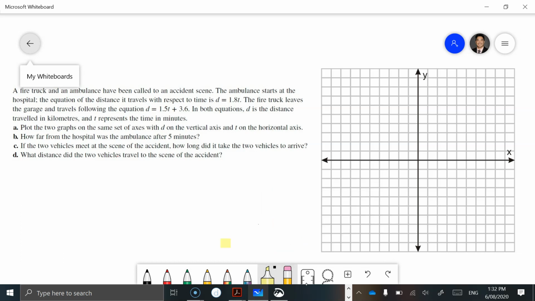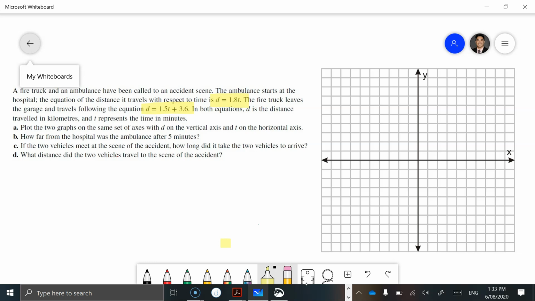A fire truck and an ambulance have been called to an accident scene. The ambulance starts at the hospital, and the equation of the distance it travels with respect to time is d is equal to 1.8t. Okay, the fire truck leaves the garage and travels following the equation d is equal to 1.5t plus 3.6.